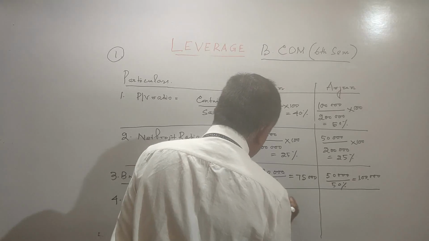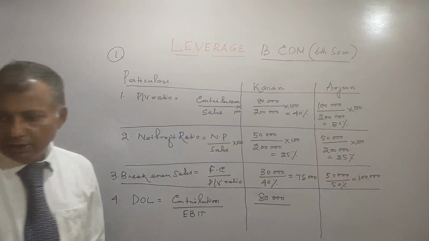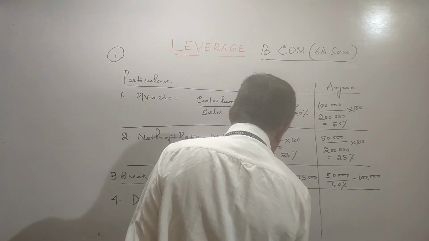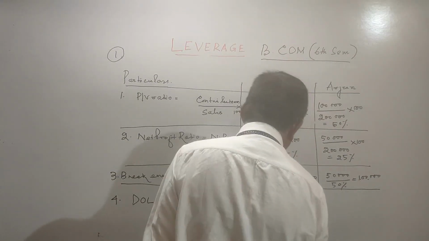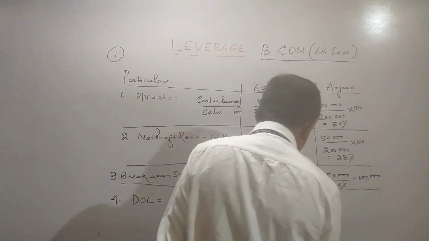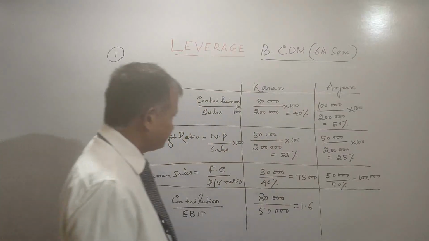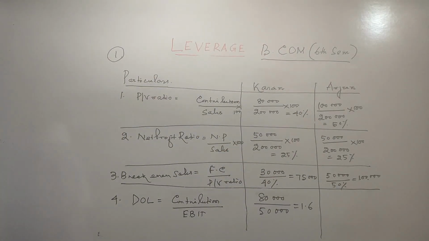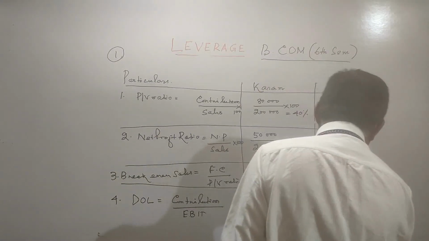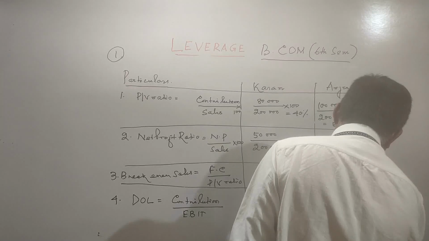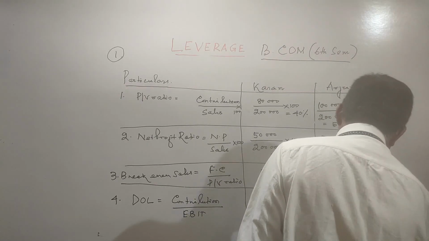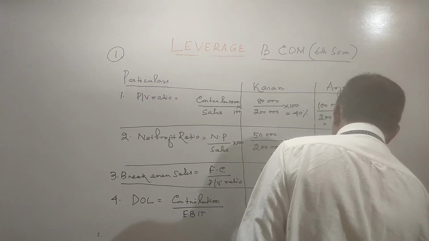Contribution is 80,000 and EBIT is 50,000. Here the profit is EBIT because there is no interest. So contribution by EBIT, it comes to 1.6 in case of Karan. In case of Arjun, it is 1 lakh divided by 50,000. This is equal to 2.